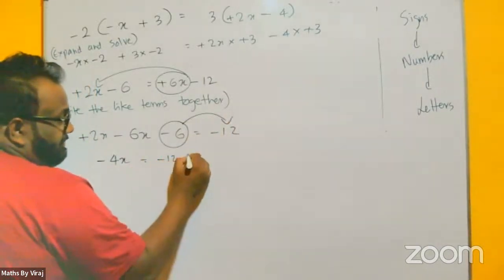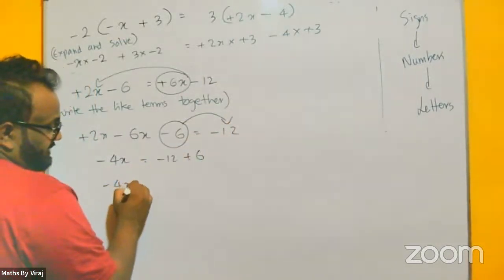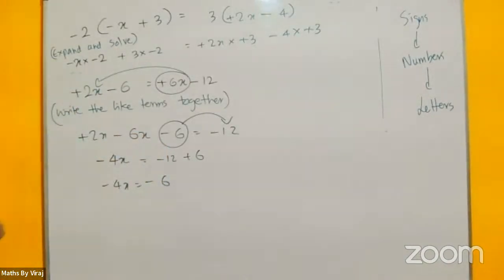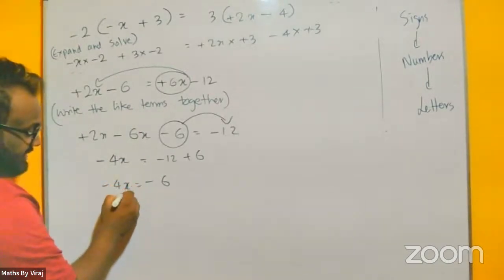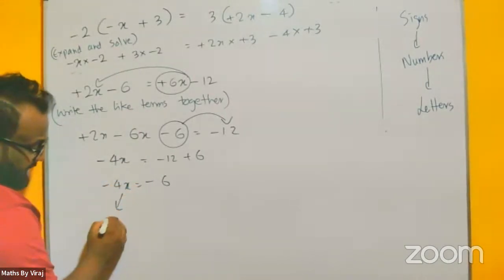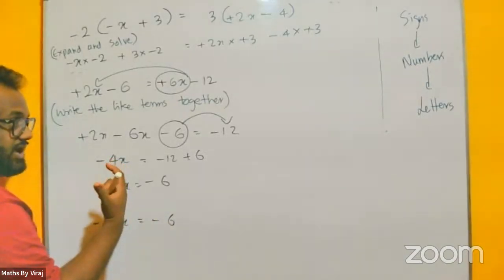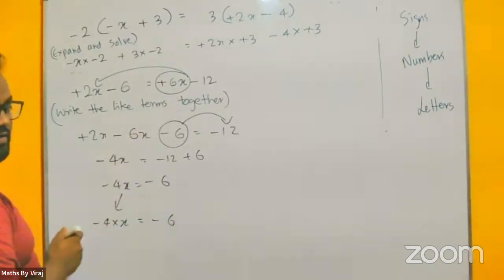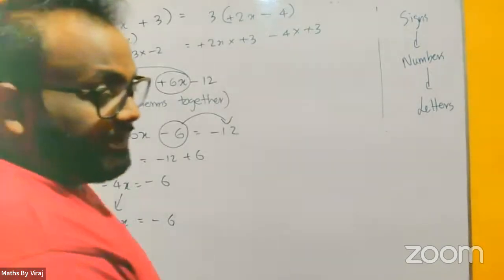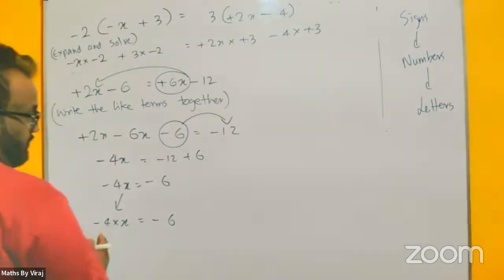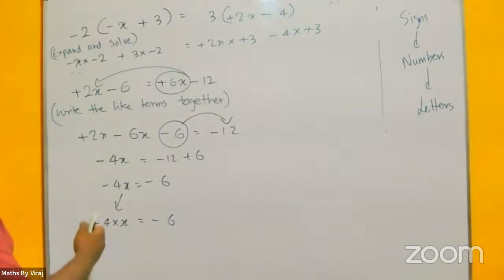Minus 12 plus 6. What is it now? Minus 6. You do understand the fact that here minus 4 is multiplied by x. Therefore, what is the other operational couple that is involved? Minus 4 multiplied by x.